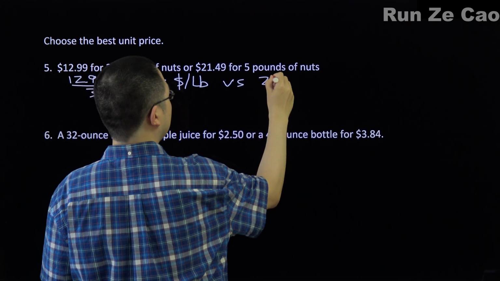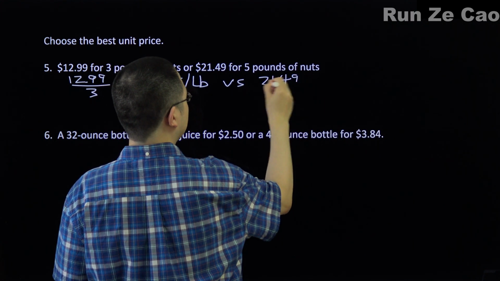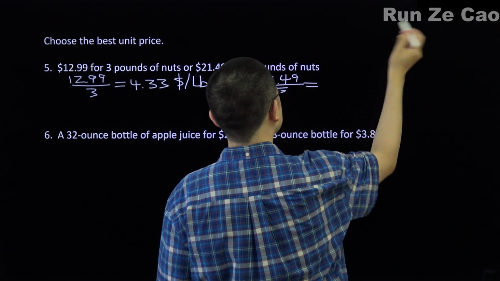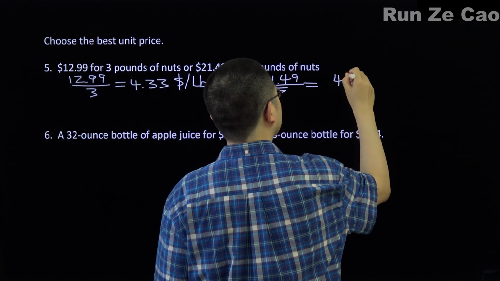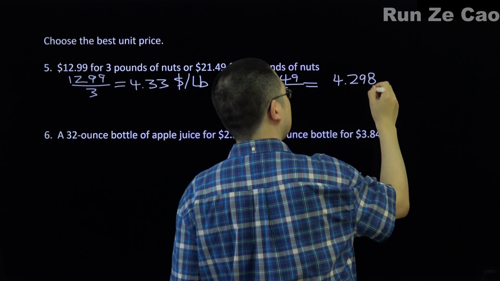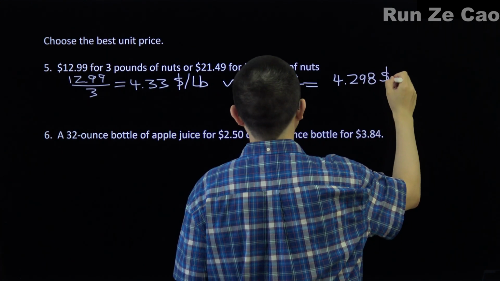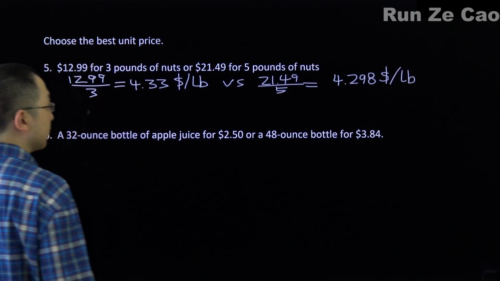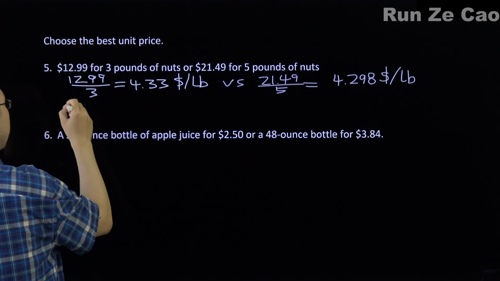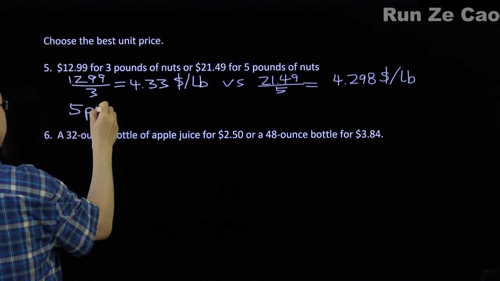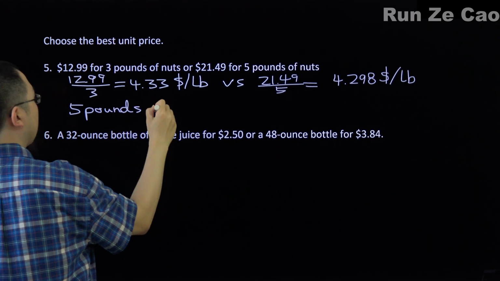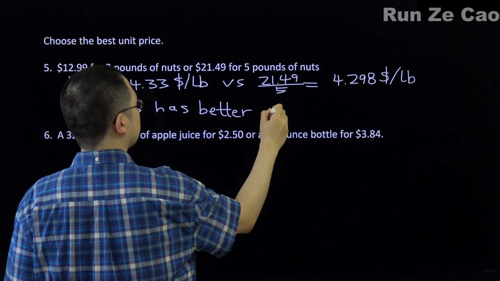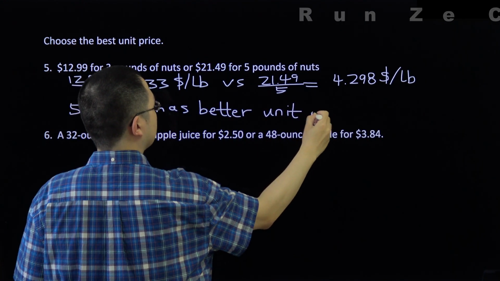Versus 21.49 over 5, which is equal to 4.298 dollars per pound. Each pound costs less for the 5 pounds, so 5 pounds has better unit price.